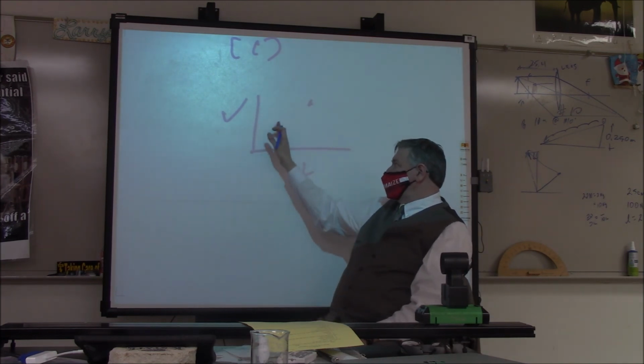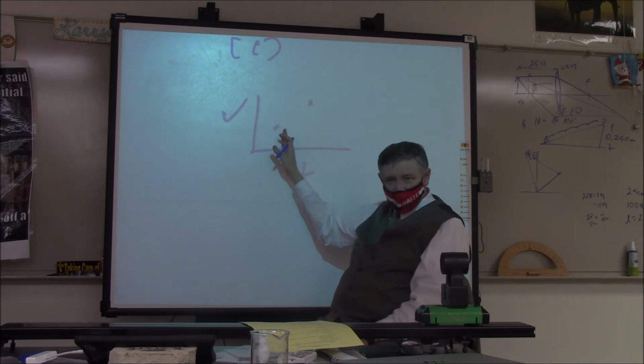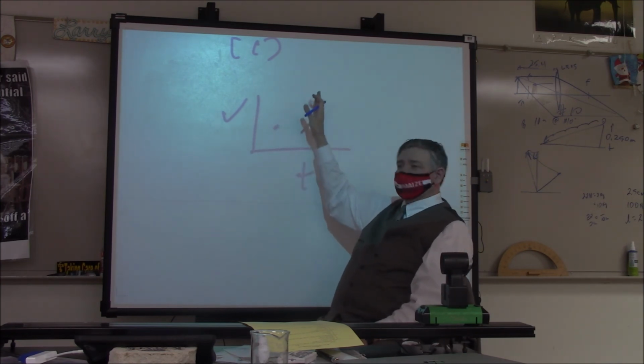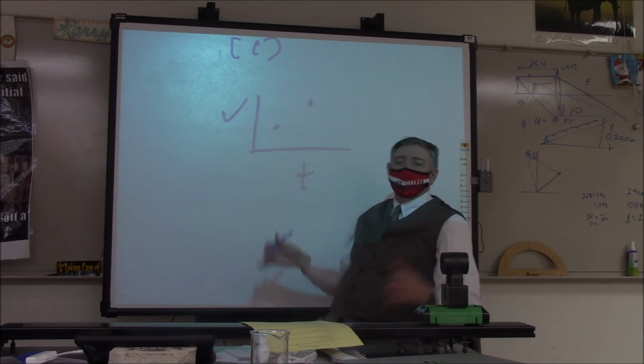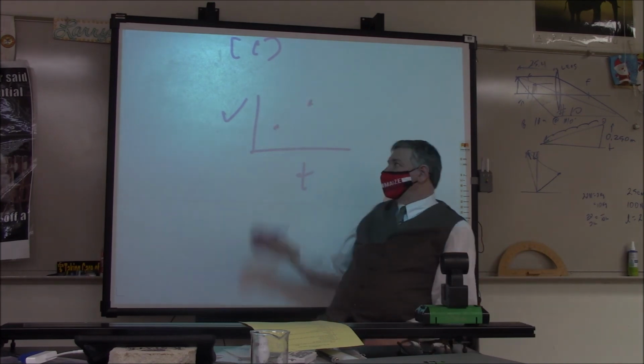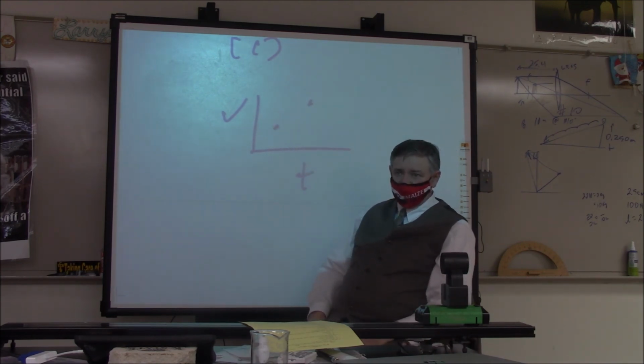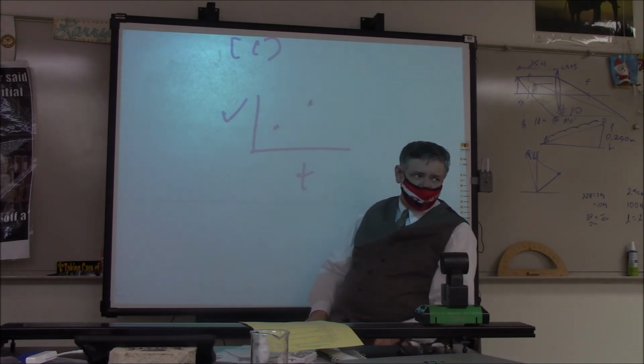You're going to have 2 x and y coordinate systems. You're going to have a time and a velocity here, and a time and a velocity here. Find the slope of the line. Treat it like you're in a math class. Find your change in y, divide it by your change in x. Don't make it complicated.